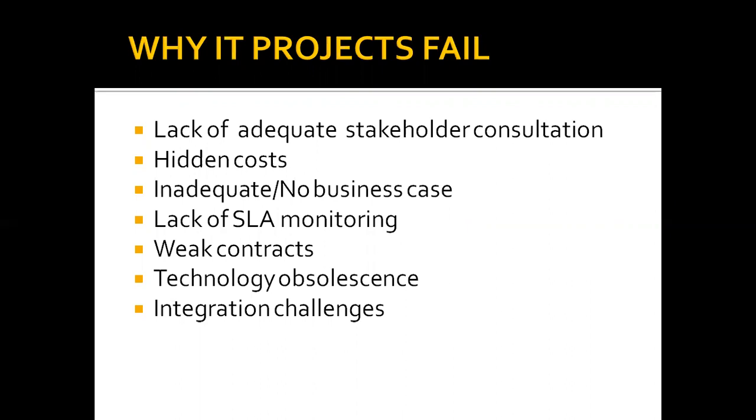If you are going through the SDLC, system development life cycle, I think I have a video on system development life cycle in the channel you can check. One of the key phases of the system development life cycle is the requirement definition. So if you don't engage the users, you might come up with a solution that nobody needs. So that's why it's important that you engage the stakeholders before launching a project.